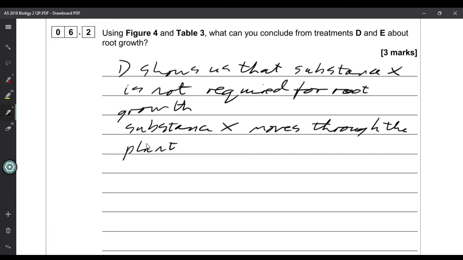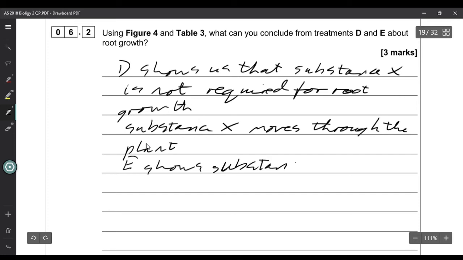And E shows us that substance X increases root growth.